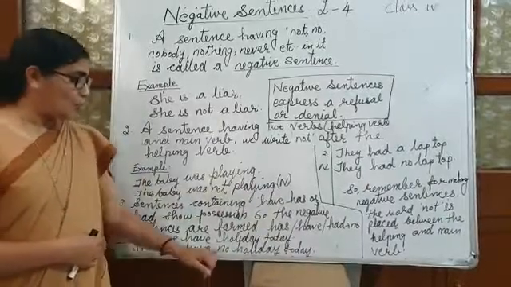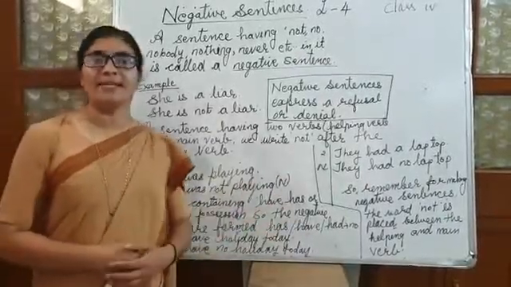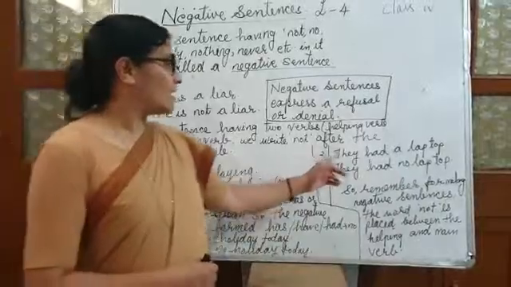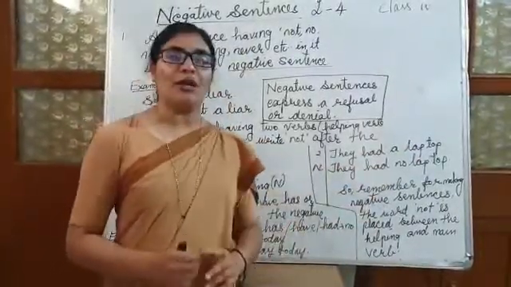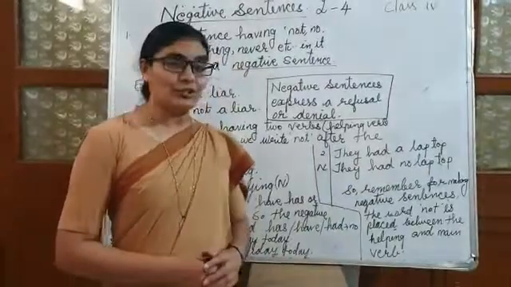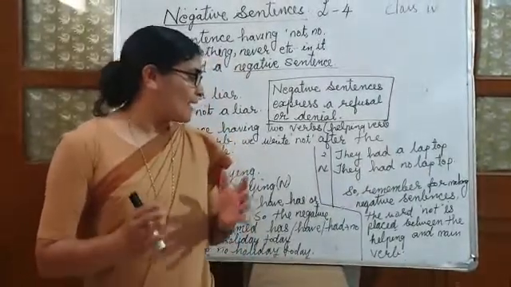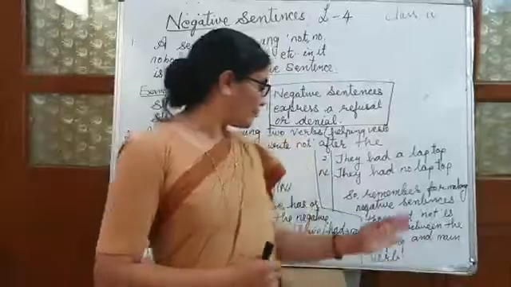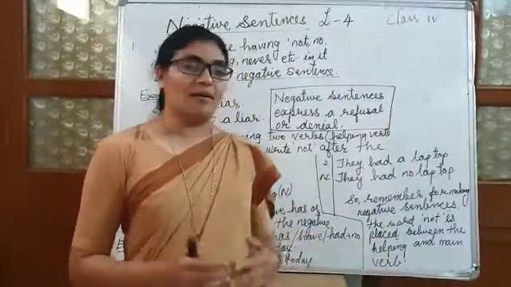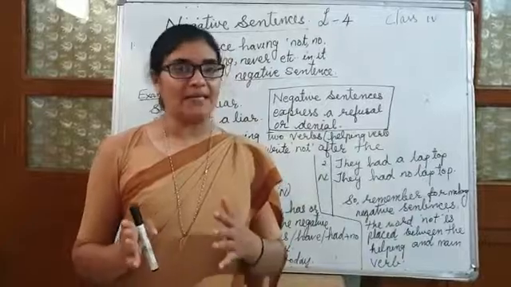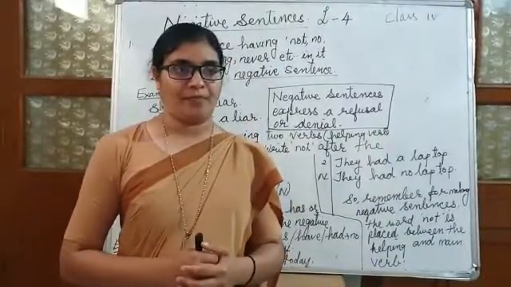We have no holiday today is a negative sentence. They had a laptop. They had no laptop. So remember, for making negative sentences, the word not is placed in between the helping verb and the main verb.